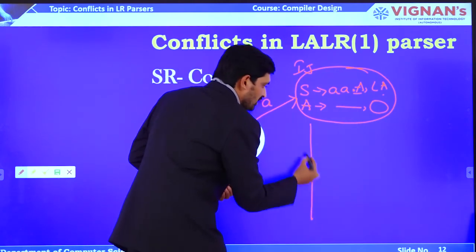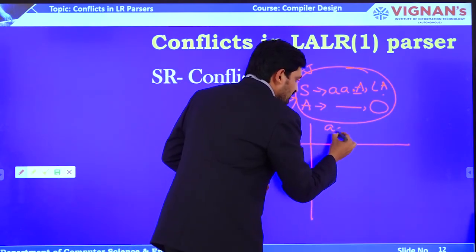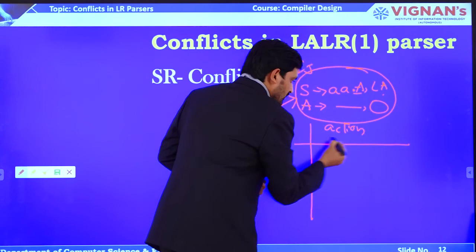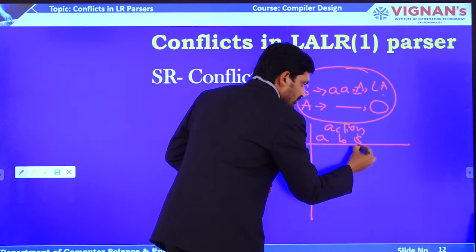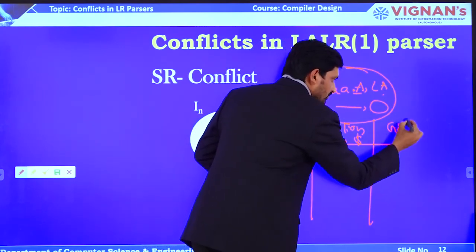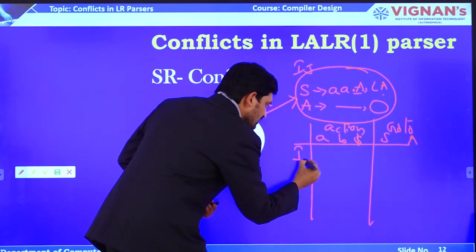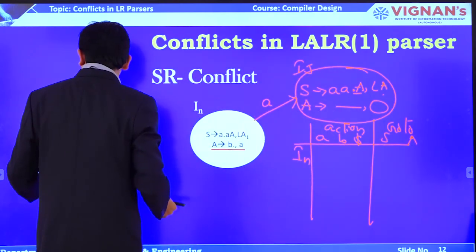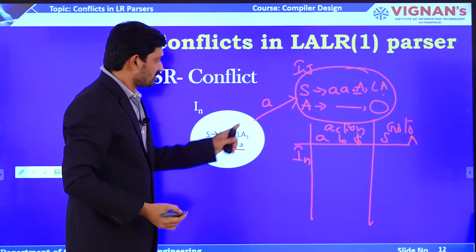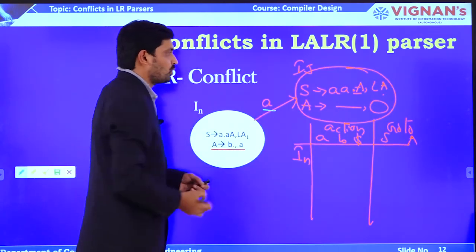So, in the parse table, action part, and here the state is I_n. Because of this small a, we perform the goto operation.